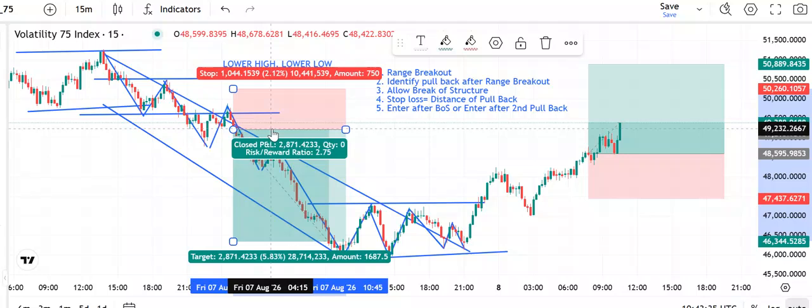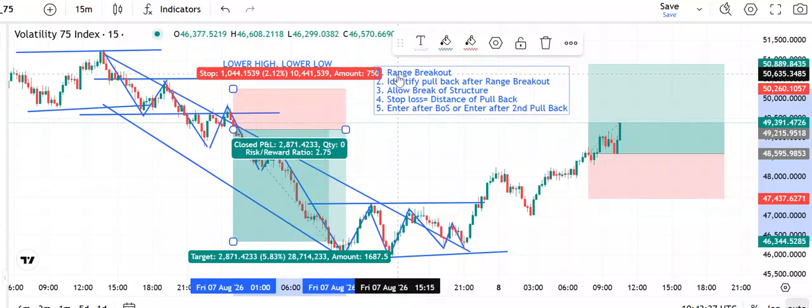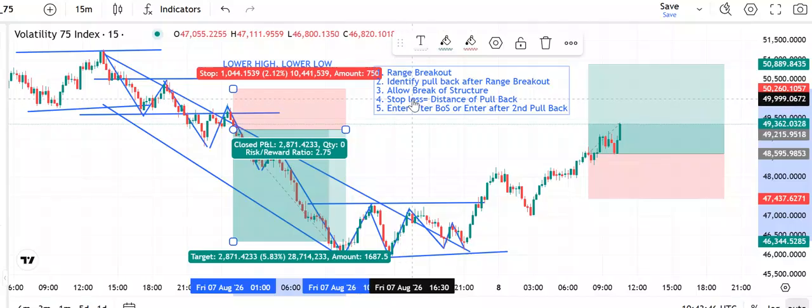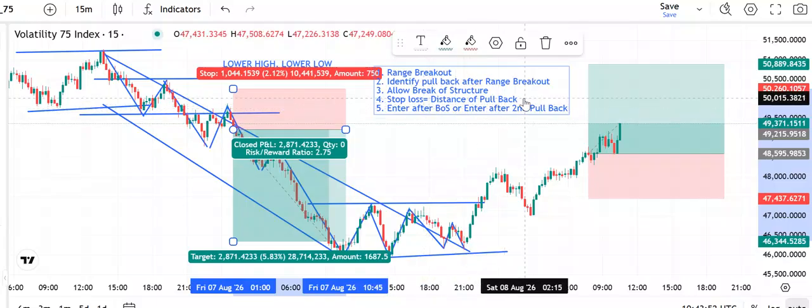So the first is wait for range breakout, identify pullback after range breakout, allow break of structure, stop loss is equal to distance of pullback, enter after break of structure or enter after second pullback.